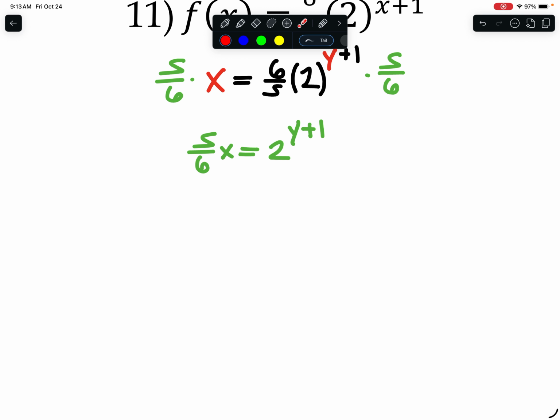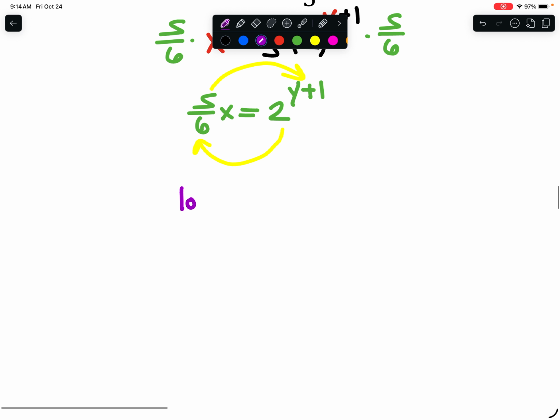When that happens, that tells me I just need to rewrite and convert it to logarithmic form. So I'm going to do circle of life. When I do that, we're going to have log base 2 of 5/6 x equals y plus 1. And then I'm going to subtract my 1 on both sides.